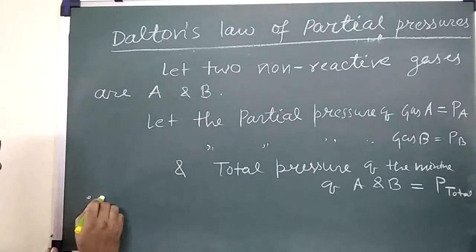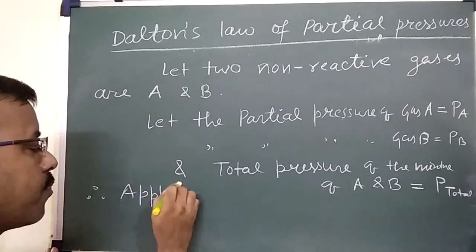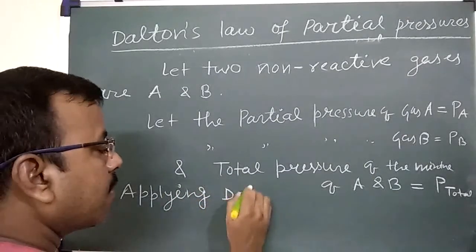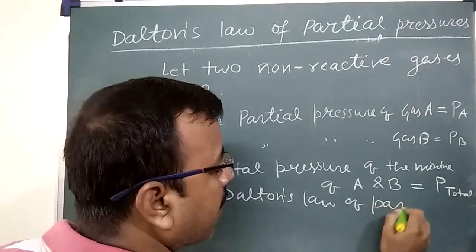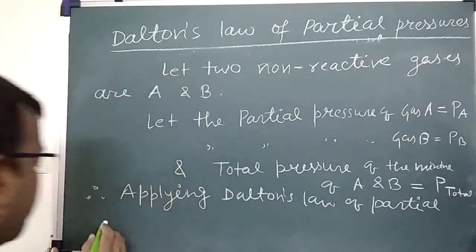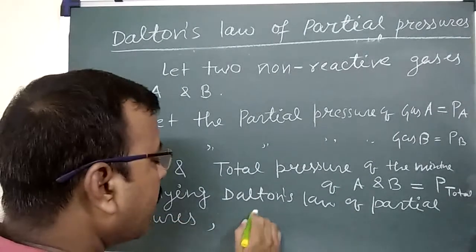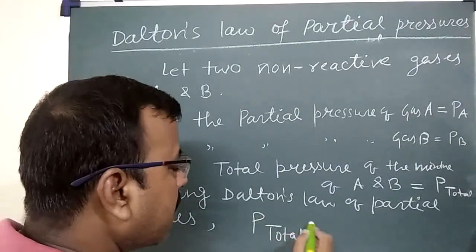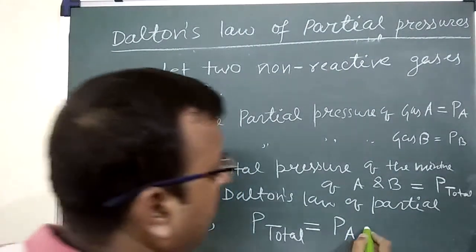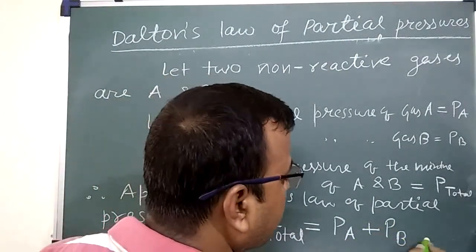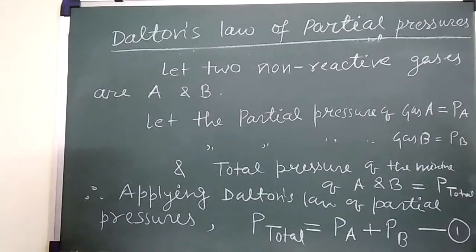Therefore, applying Dalton's law of partial pressure, P total is equal to PA plus PB. So this is equation 1. This is the statement of partial pressure.